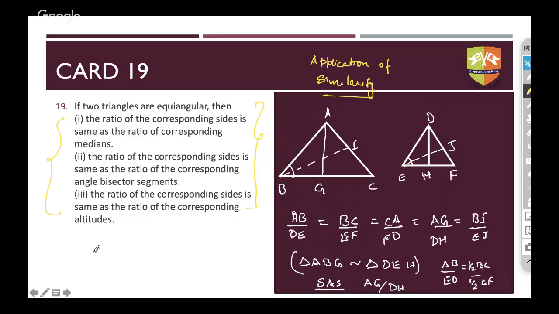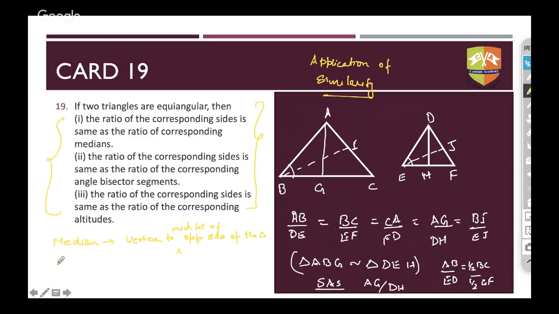You can try. So what did we learn? One is median. What is a median? Median is nothing but a line segment joining a vertex to the midpoint of the opposite side of the triangle.